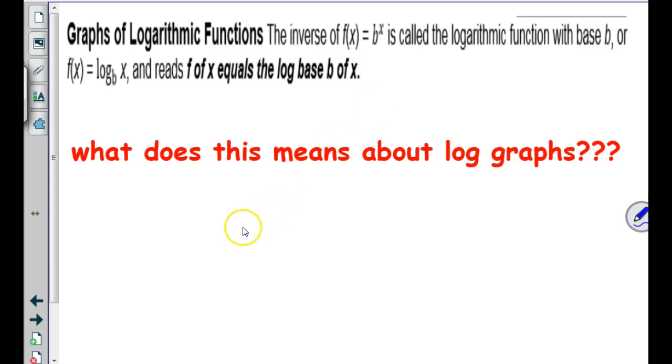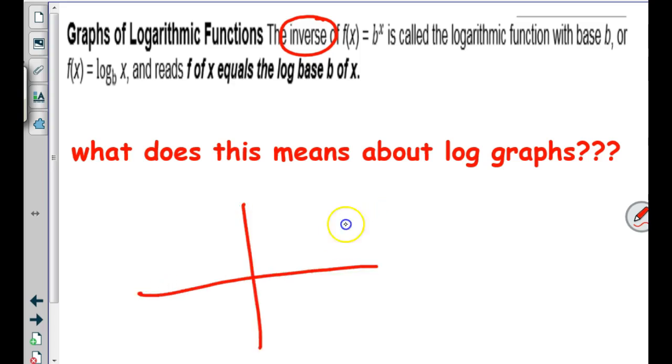Yes, it's on the next page. Is this 3B? Is this at the very top of the page, maybe? Yes? Okay. So what does it mean for them to be inverses? What do you remember about inverses? The graph. Yes, you switch the x and the y in all the ordered pairs, and everything is a reflection across this line, right?